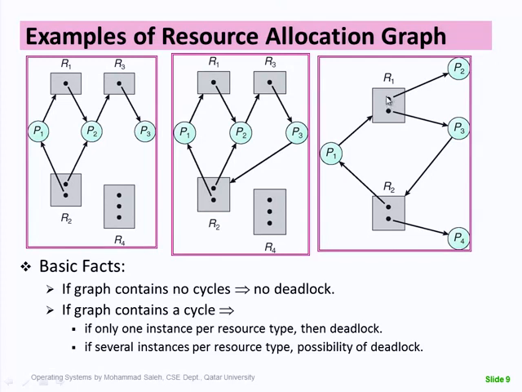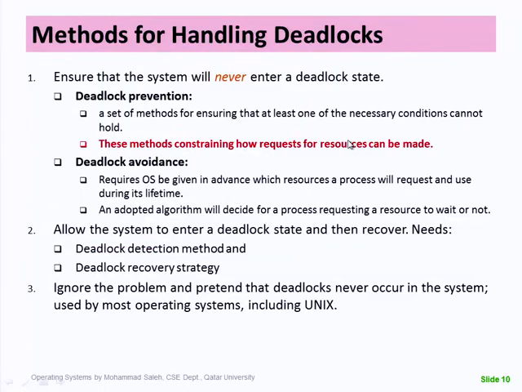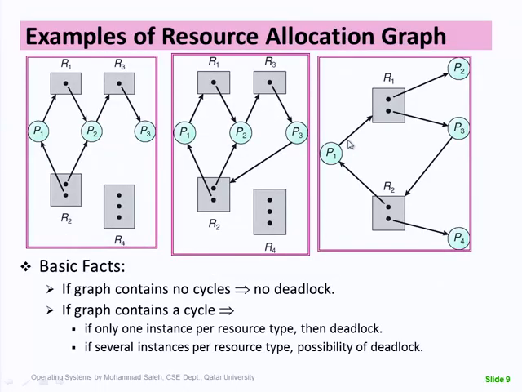And if it is releasing this instance of R1, then P1's request for an instance can be granted, which means this request edge will be changed to an allocation edge, right? And in that case, I don't have a cycle in the very near future. Deadlock means you have the cycle forever, okay? So we're done here. And we know why, right? We have to explain why.